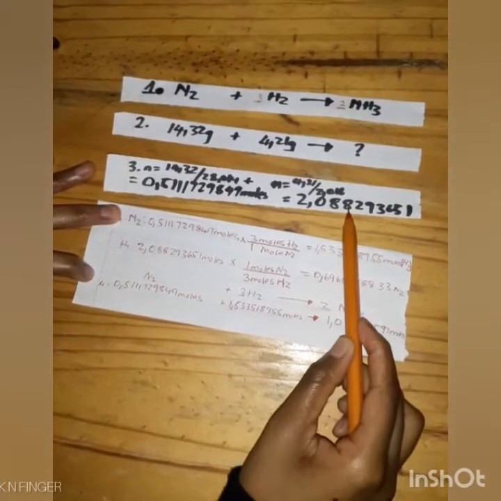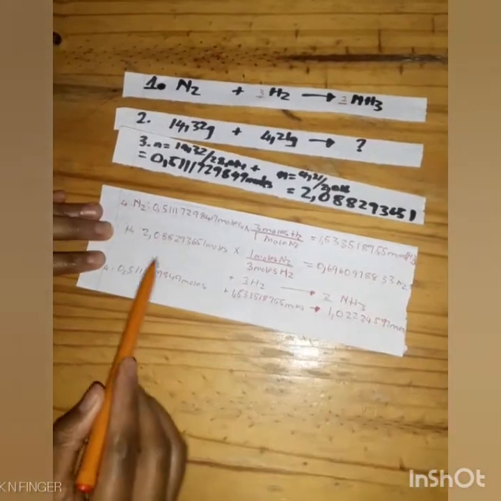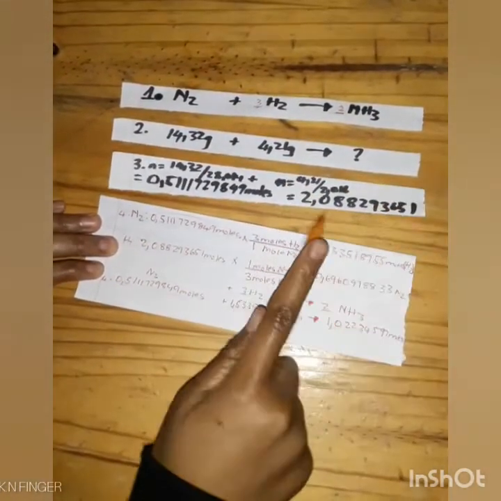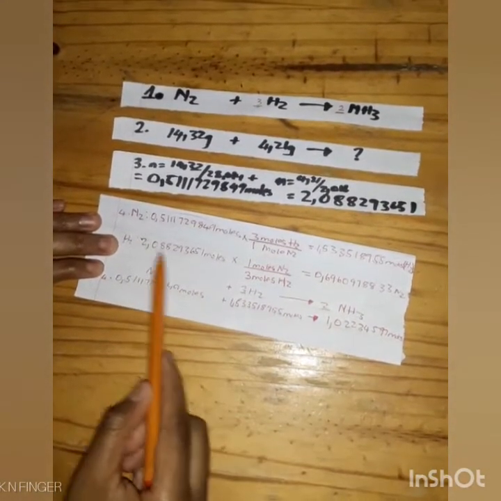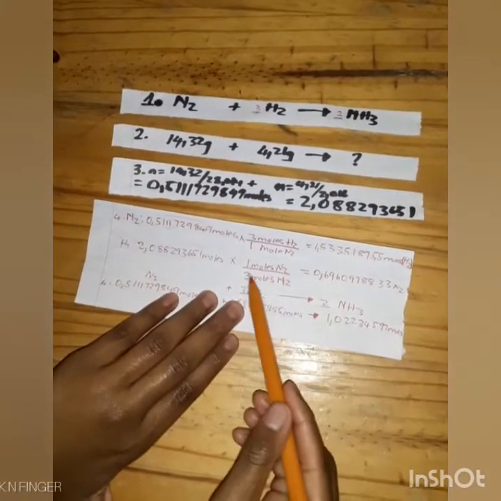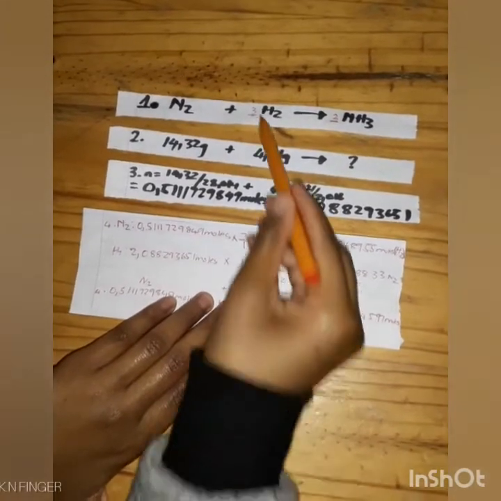Yes, we do, because we have 2.0 something something something. And then you come to hydrogen. For hydrogen, we saw that we have 2.08889 and so forth moles of hydrogen, and then we had 1 mole of nitrogen from there, and then 3 moles of hydrogen from there.